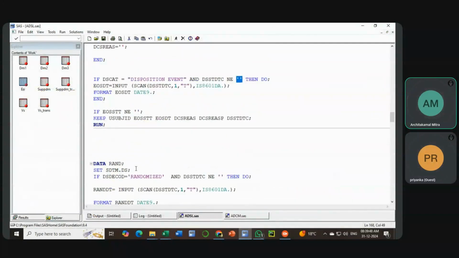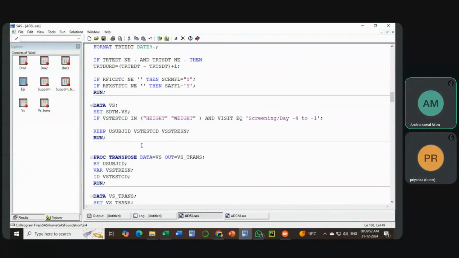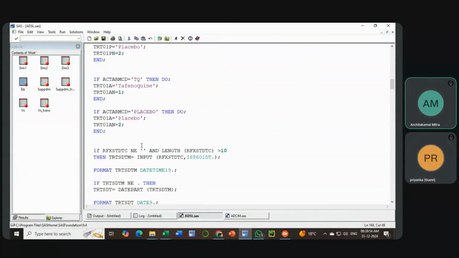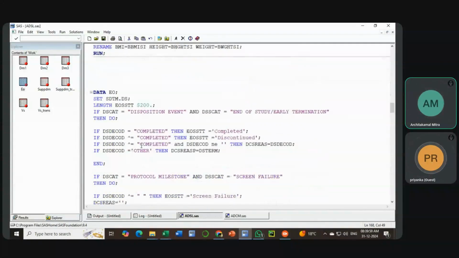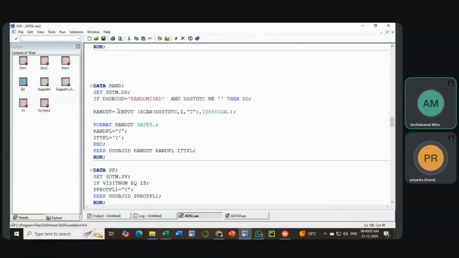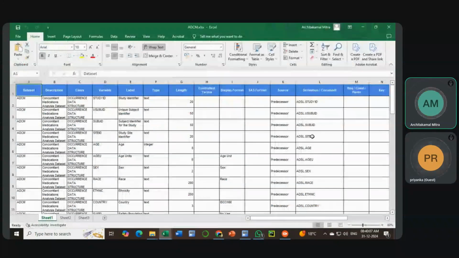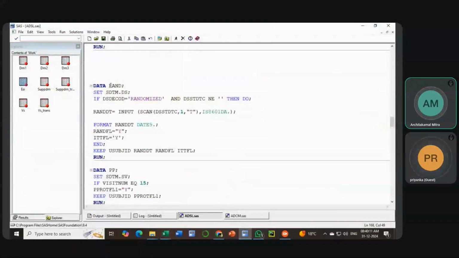I think we have handled RANDFL and ITTFL while we were doing this disposition, or we did not. No, we did not. Fine, not a problem. If DS decode equals randomized, again data rand set sdtm.ds if DS decode equals randomized.